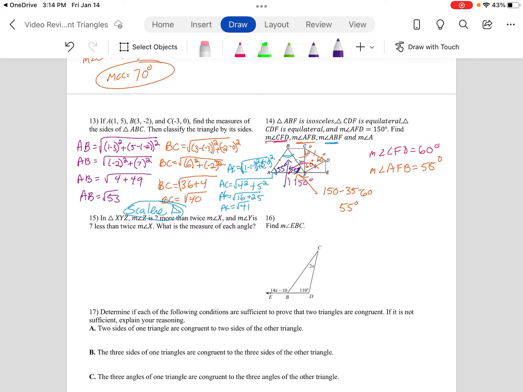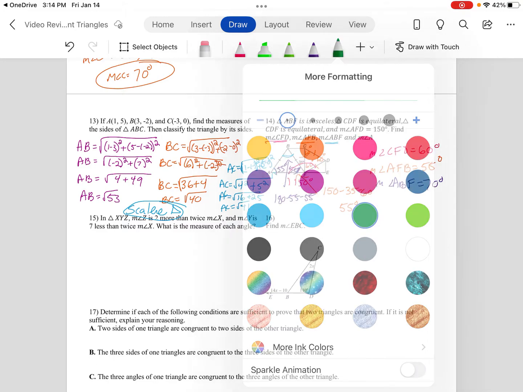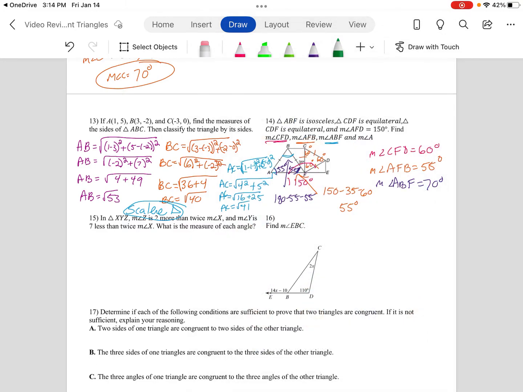So the measure of this angle up here is going to be 180 minus 55 minus 55. So the measure of angle ABF is going to be 70 degrees. And last but not least, the measure of angle A, we already have that, is 55 degrees.